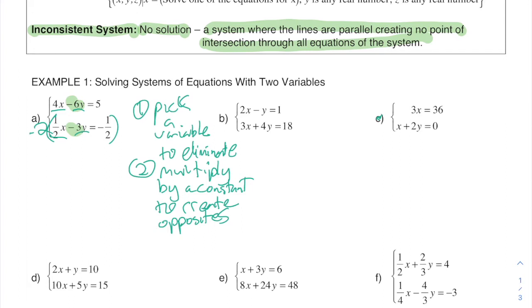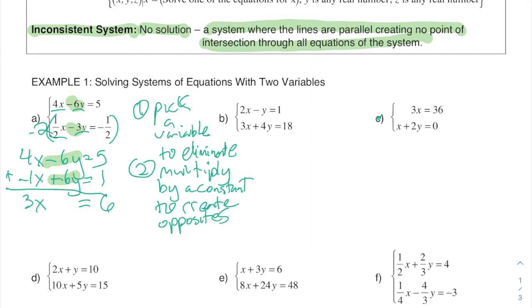Now when I rewrite this, I get 4x minus 6y equals 5, and negative 1x plus 6y is equal to 1. If you just look at this, you see that these are opposites. So we're going to add; we call this elimination by addition. We add these two equations together, and I get 3x is equal to 6.